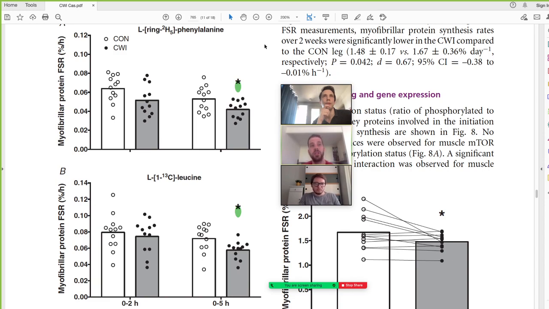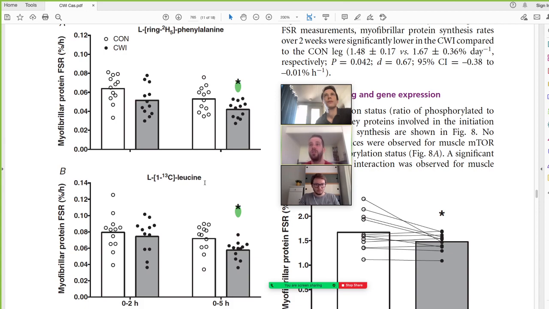So not only what's incorporated from the protein shake, but what is the effect on muscle protein synthesis? And as you said in the method section, there were two different tracers. The D5 phenylalanine, which you can see in the A panel, and in the B panel, you see the 13C leucine tracer. Overall, of course, the bars are slightly different, but you see the same kind of overall response, in line with the incorporation figure that we just saw.